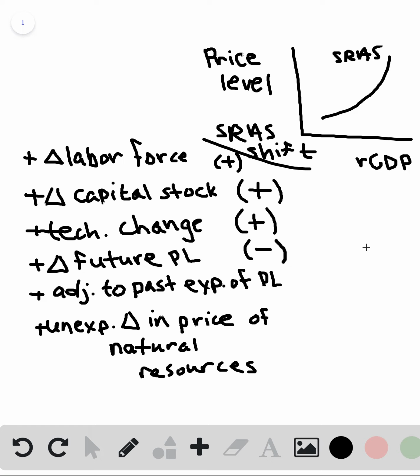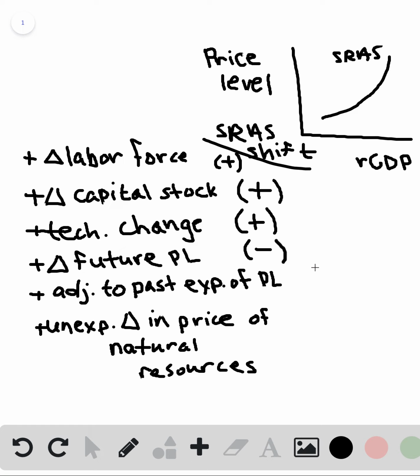If there's a positive adjustment to past expectation of price level, now this is very important, because if let's say the expectation of the future price level before was really, really high, but it ends up being not as high now, that is a negative adjustment to the past expectation of price level.